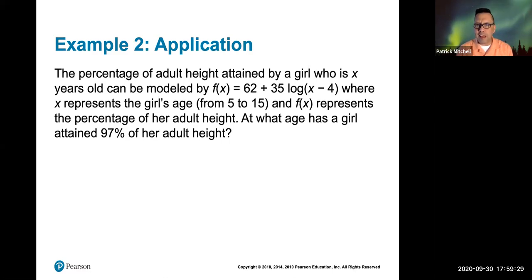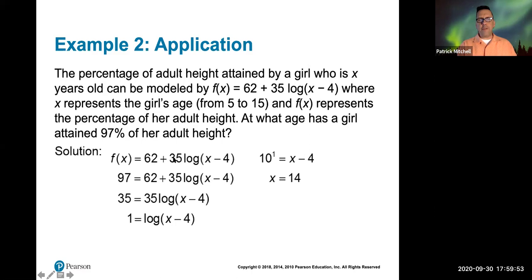So I believe that's slightly different from the one for boys, where x represents the girl's age, from 5 to 15, and f of x represents the percentage of her adult height. The question is, at what age has a girl attained 97% of her adult height?